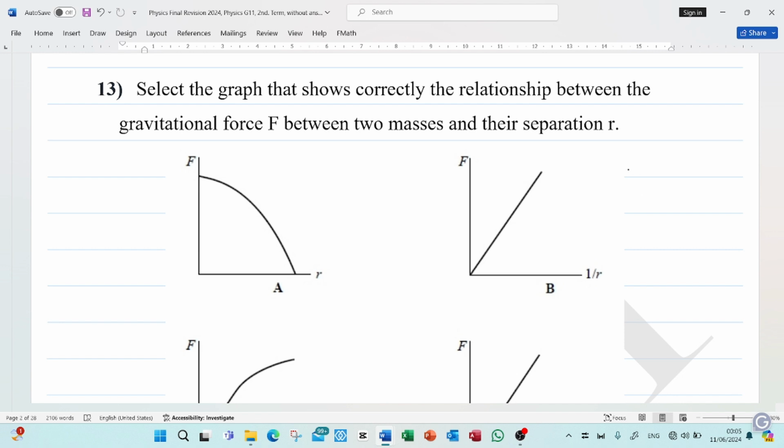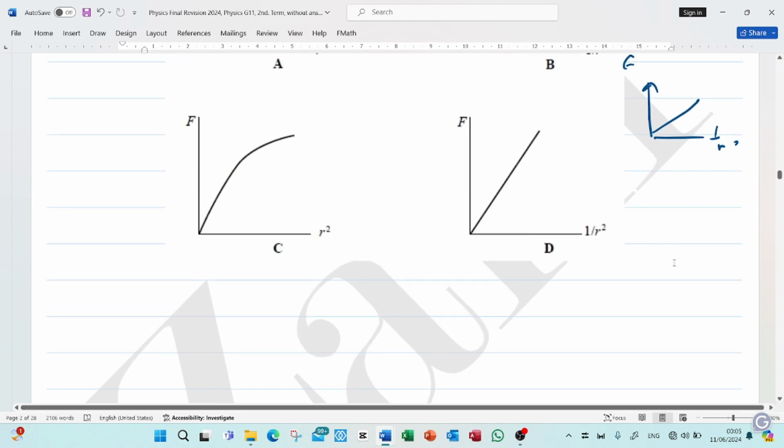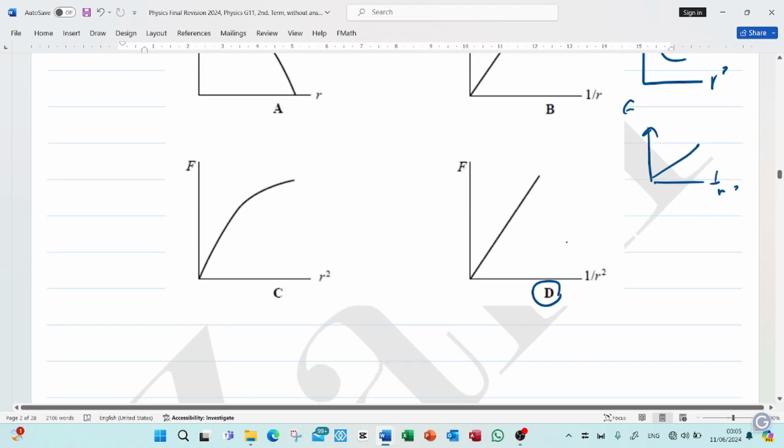We know that F is inversely proportional to R squared. Then if we draw the relation between F and 1 over R squared, we get a direct relation. But F is not directly proportional to 1 over R. Okay, then the correct answer here is D. So this is the relation between F and 1 over R squared, not R.